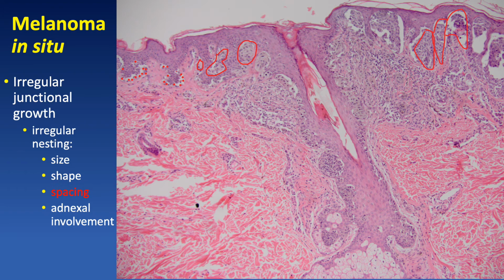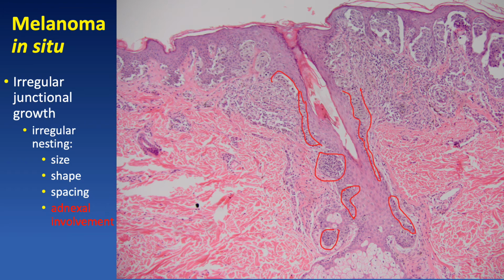The irregularity of the spacing of the junctional nests, as well as adnexal epithelial involvement by single and irregularly nested melanocytes. This is in contrast to the congenital pattern growth in nevi, in which melanocytes aggregate around adnexal structures. Here, they're actually present within the adnexal epithelium.